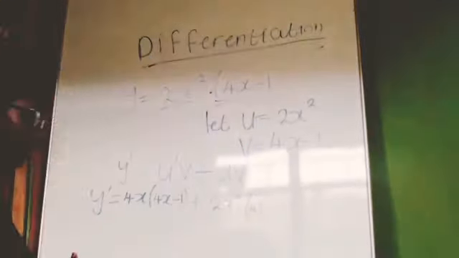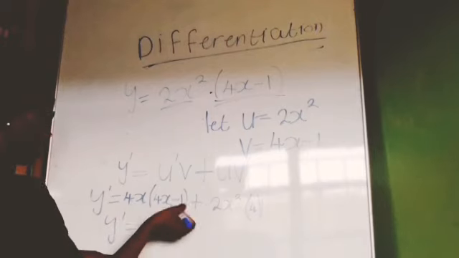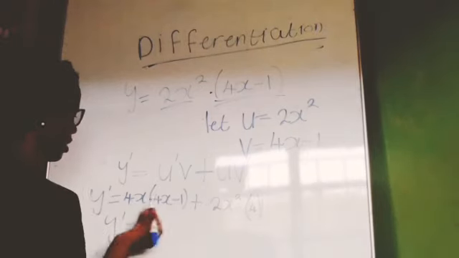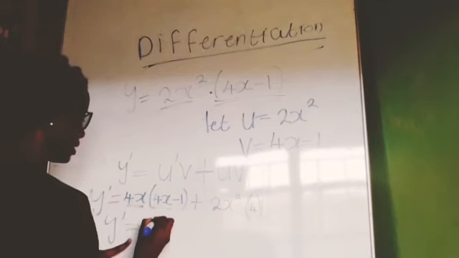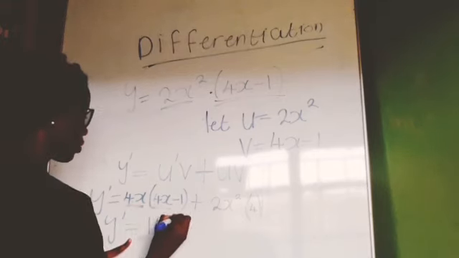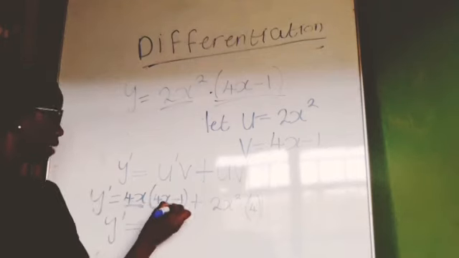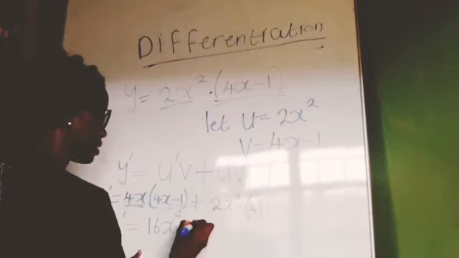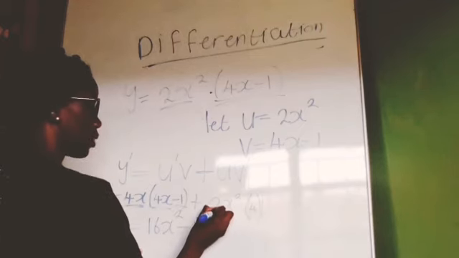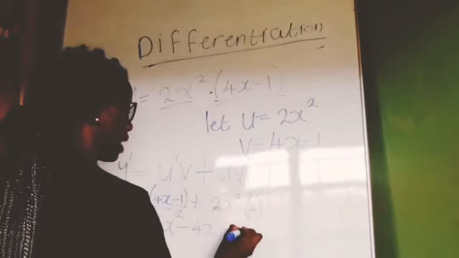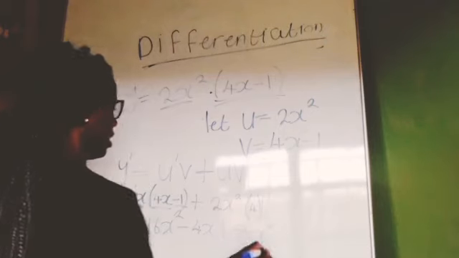Okay. So y prime is equal to, we're going to multiply this with all these terms in here and this with that. So 4x times 4x will be 16x squared. 4x times 1 will be minus 4x. Plus 2x squared times 4 will be 8x squared.